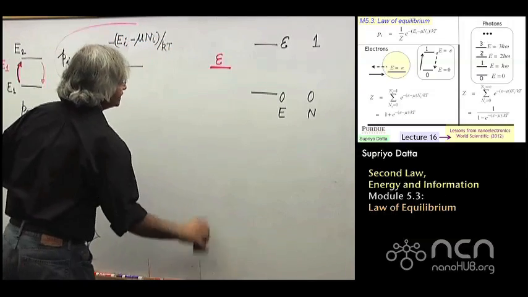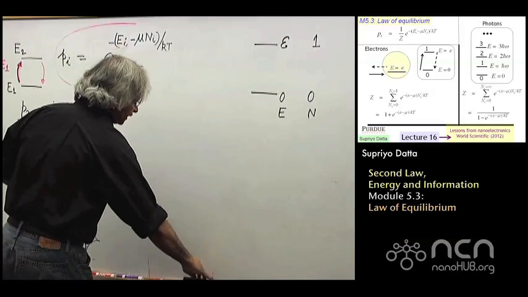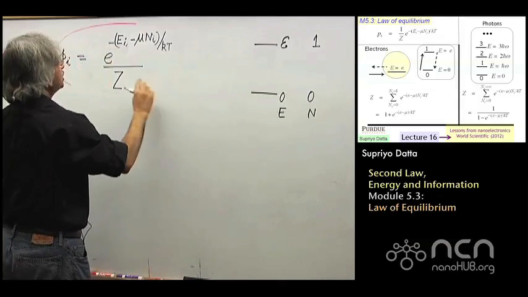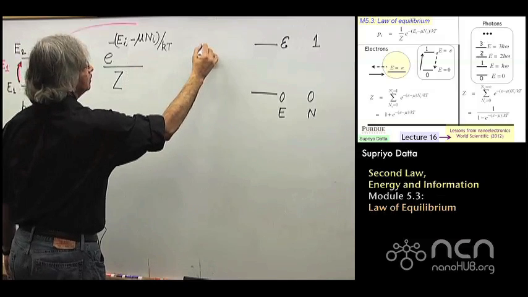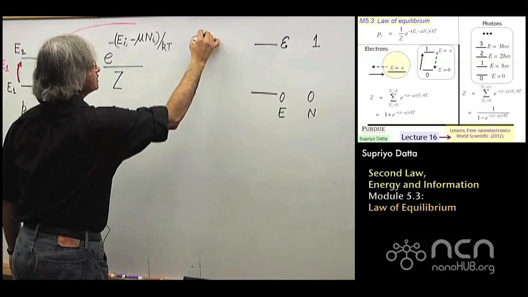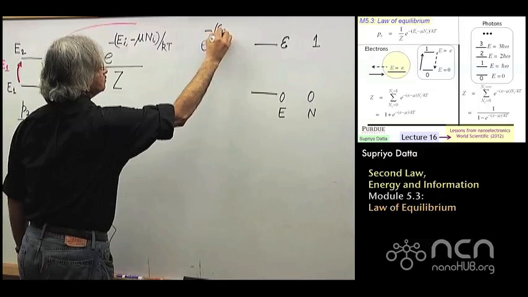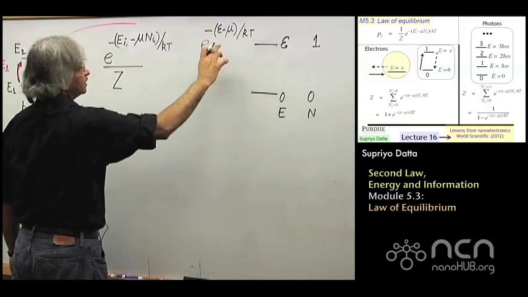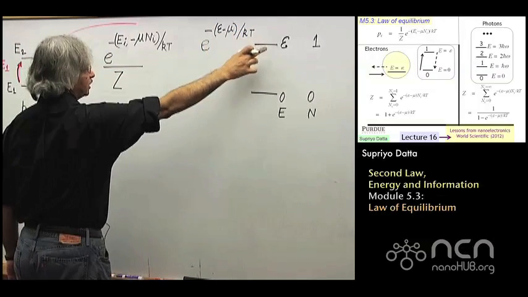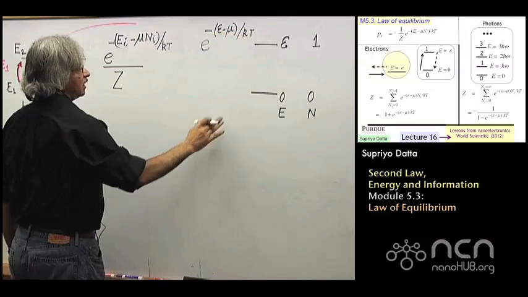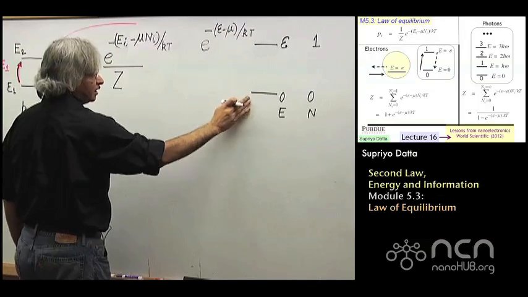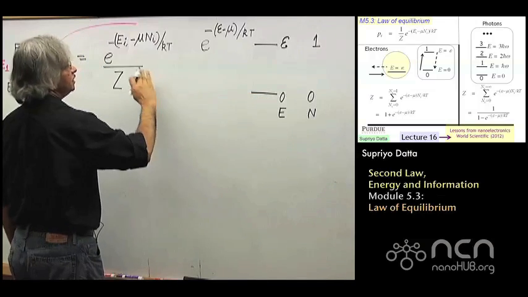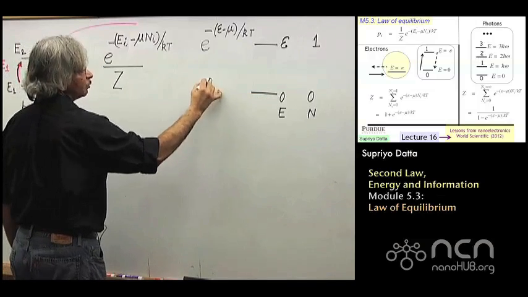What that tells me then is that the probability the system will be here is proportional to e to the power minus epsilon minus mu over kT. Why? Because energy is epsilon, number of electrons is 1, that's it. And the probability the system will be here in the zero state is e to the power 0, which is 1.